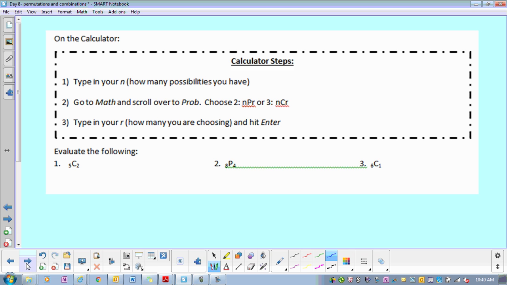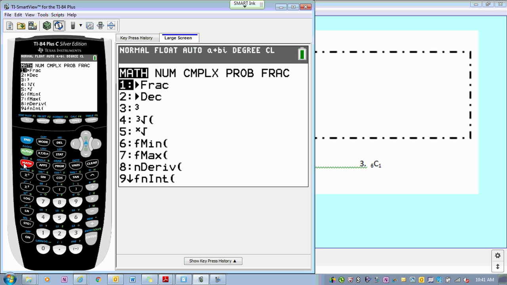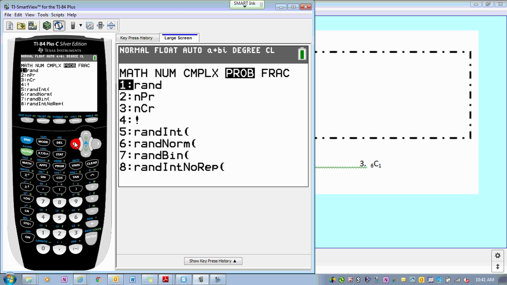So now, there's some great news. You could do the P and the C in your calculator. Here's how you do it. See how number 1 is 5, choose 2? From a group of 5, you're choosing 2. That's what that means, okay? You want to go put this into the calculator. You want to say 5, do this with me, 5, and then go to math, go over to probability.